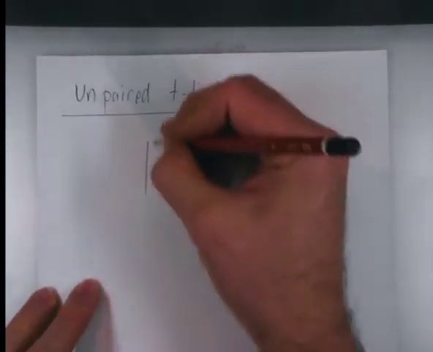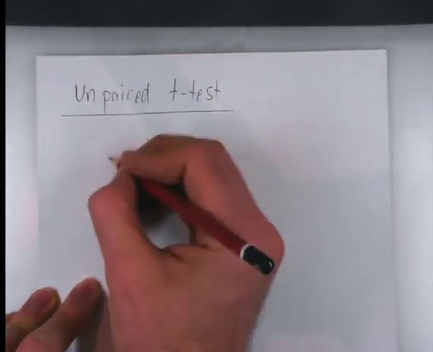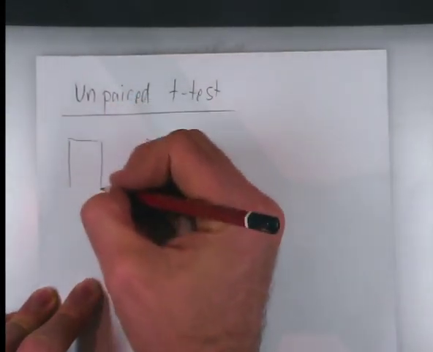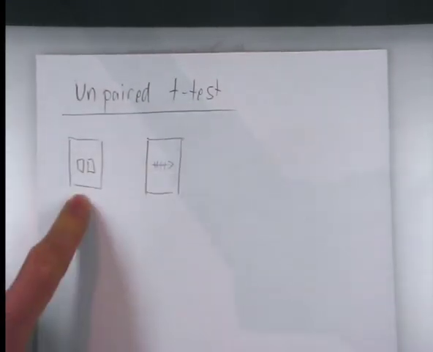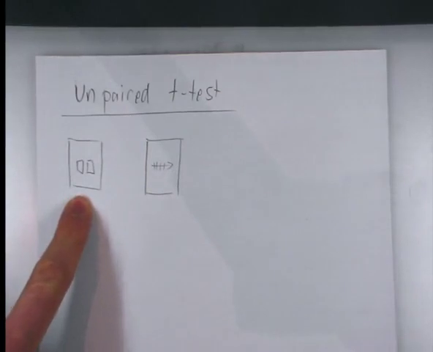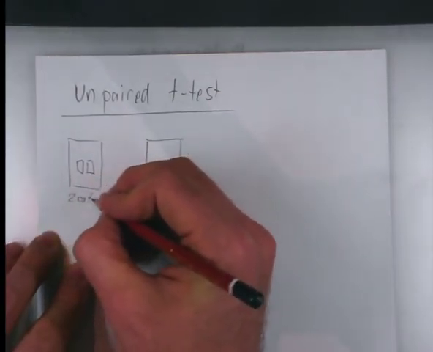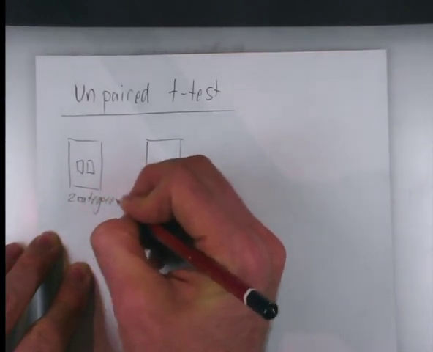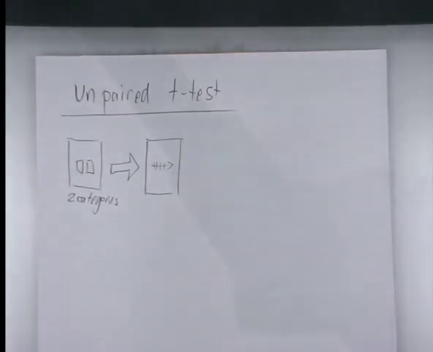It has a numerical outcome, and it has a categorical explanatory variable. And the explanatory variable has to have two categories. And that's what it goes with.